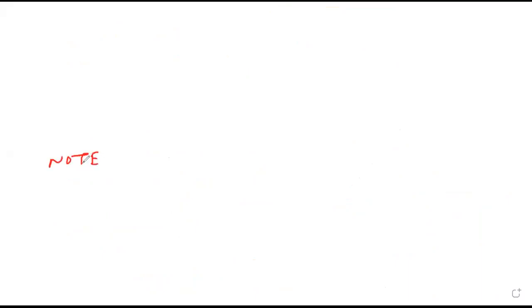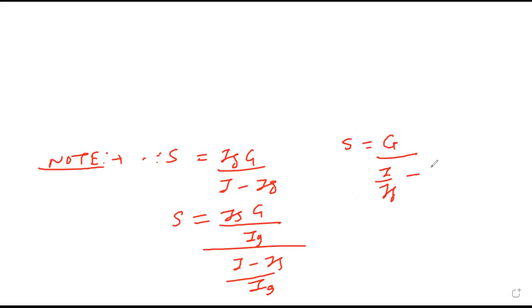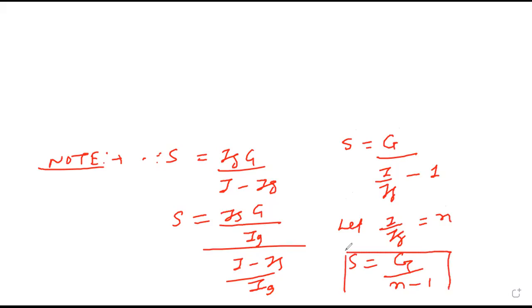Now, since S equals Ig into G upon I minus Ig, dividing numerator and denominator by Ig gives S equals G upon (I upon Ig minus 1). Let I upon Ig equal N. S will be G upon N minus 1. You can remember this formula also.